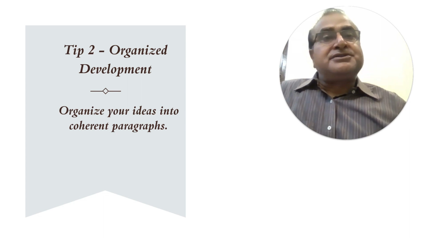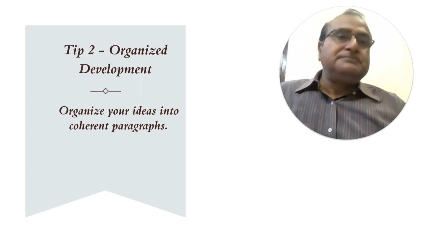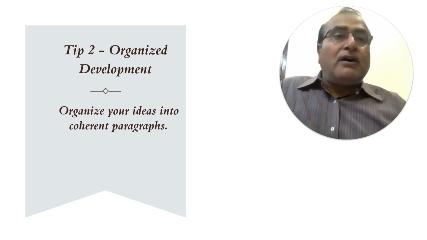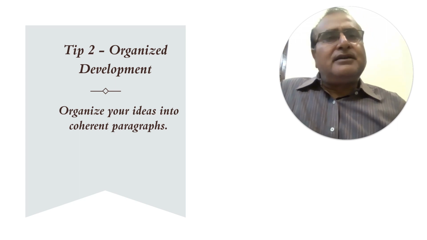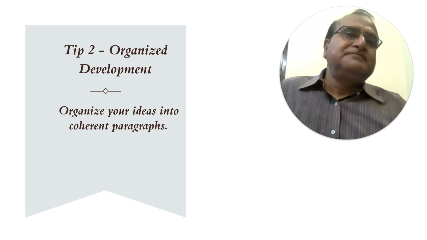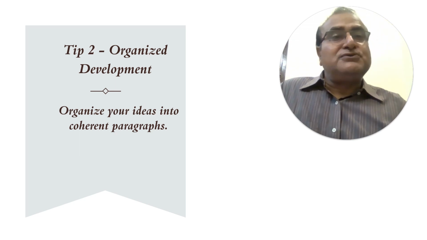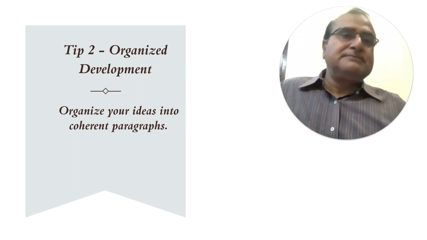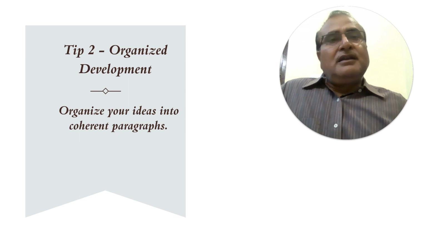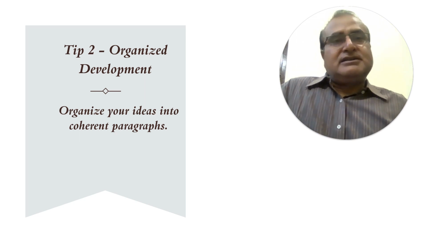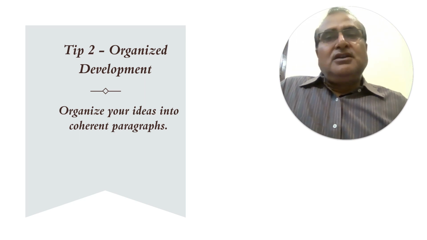And this introductory portion of your article is followed by different small paragraphs. Your paragraph may contain just 1 or 2 sentences, 3 sentences. That makes no difference. That is called the main body of the article.